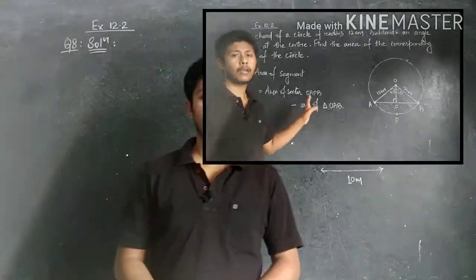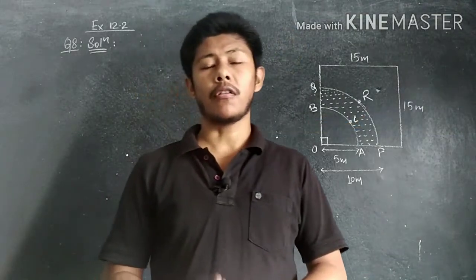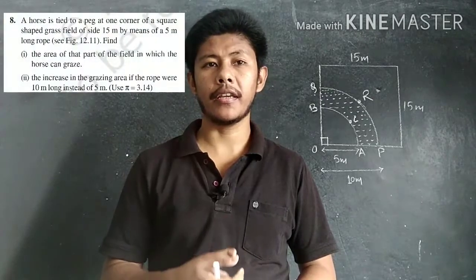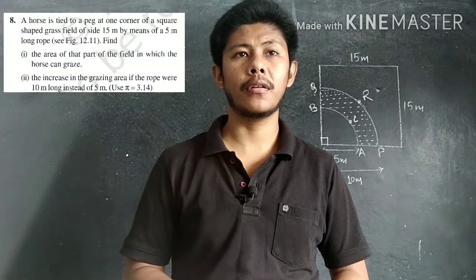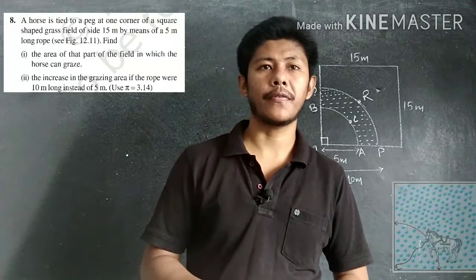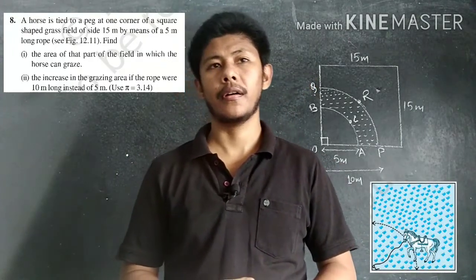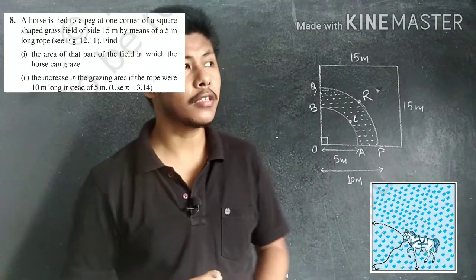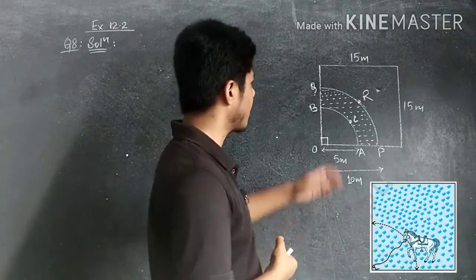Is it clear? Okay. Now the next question is question number 8, and the question is given like this: a horse is tied to a peg at one corner of a square shaped grass field of side 15 meter by means of a 5 meter long rod. So the condition is a square field.